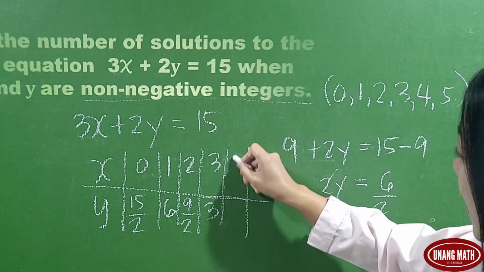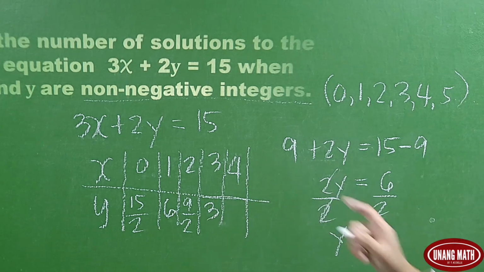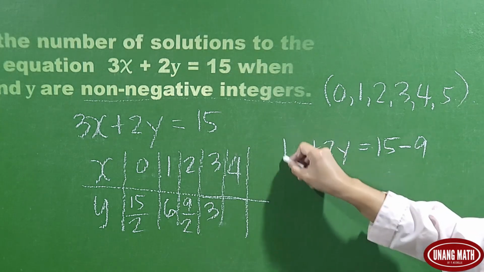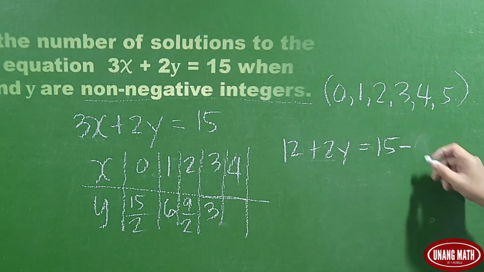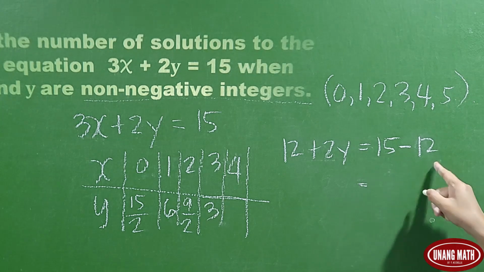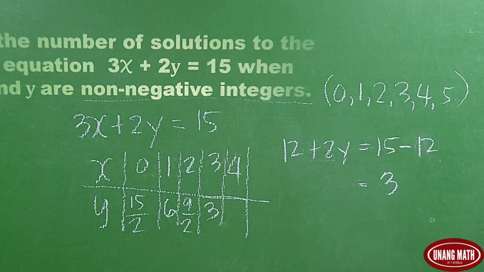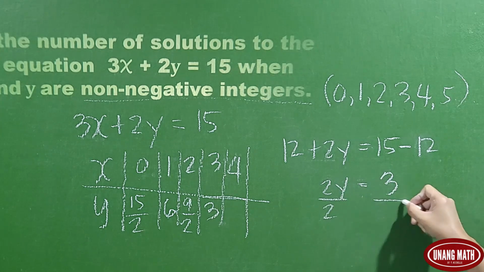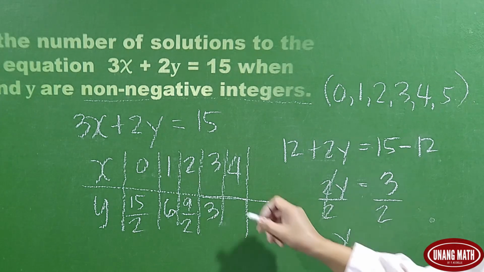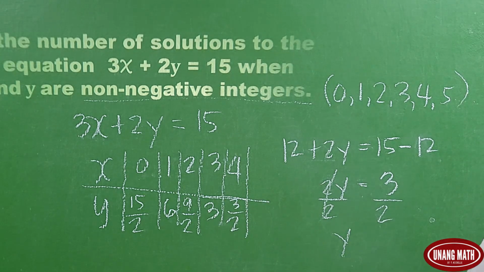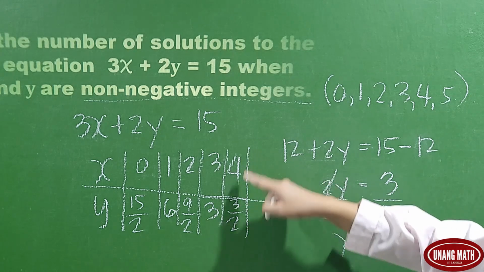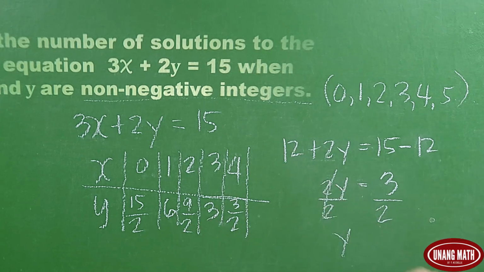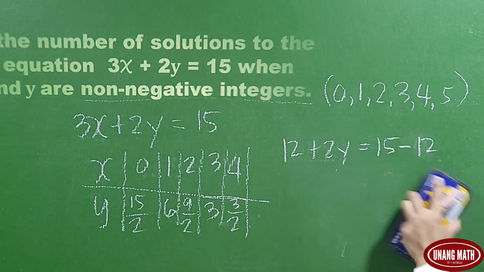Let's try if x is 4. 3 times 4 would be 12, so this is 15 minus 12, which is equal to 3. So 2y is equal to 3. Divide both sides by 2, then y is equal to 3 over 2. So these are not solutions to this linear equation because 3 over 2 is not an integer.